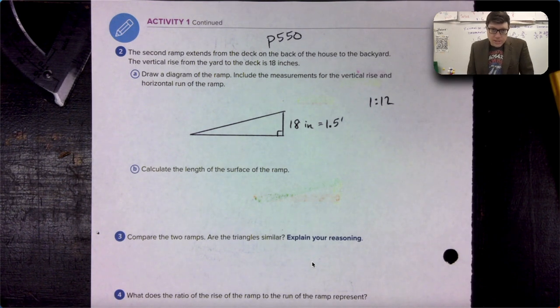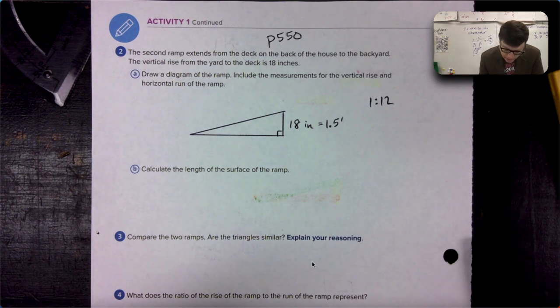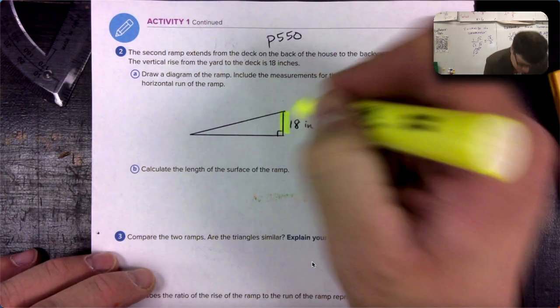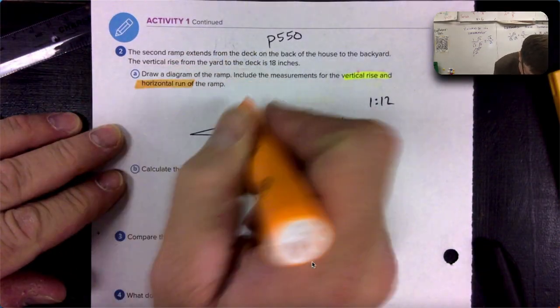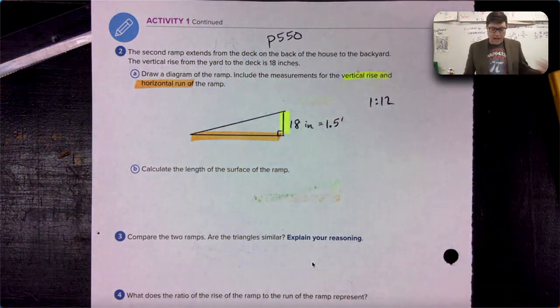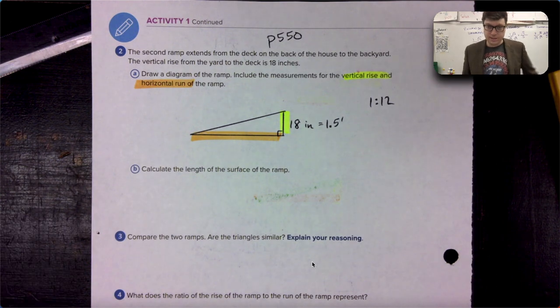Now, draw a horizontal diagram, draw a diagram of the ramp, include the measurements from the vertical rise, time to bring in some highlight color, and the horizontal run of the ramp. Now calculate the length of the surface of the ramp.